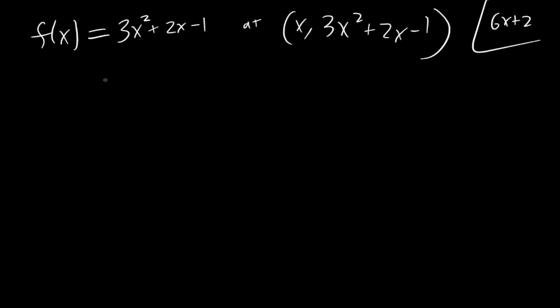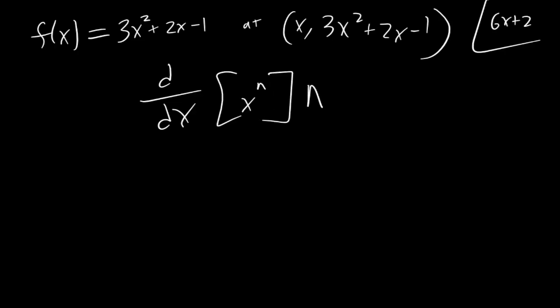So real quickly, I'm going to show you how to get the derivative of x squared, for example. The easier formula is d over dx of x to the power of n, which is n multiplied by x to the power of n minus 1.